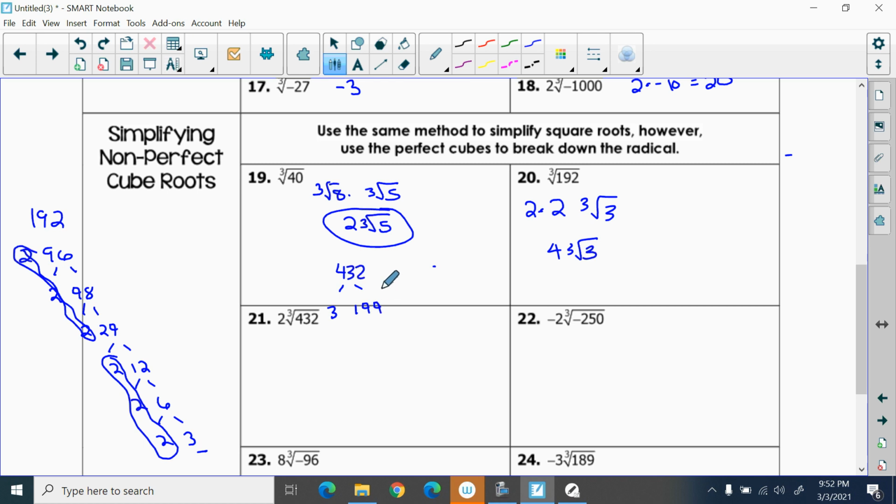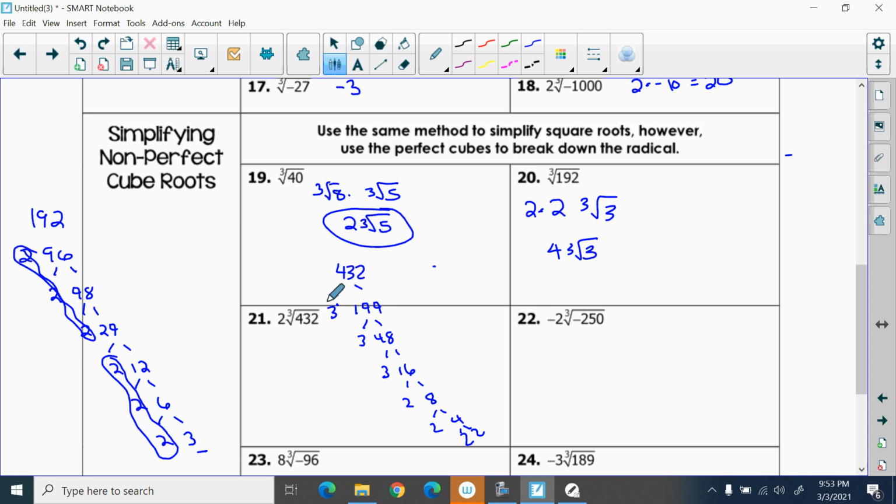Then 144 divided by 3 is 48. So that's 3 times 48, which helps because we're making this smaller quicker. We're going to divide it by 3. So that's 3 times 16, which is 2 times 8, 2 times 4, and 2 times 2.